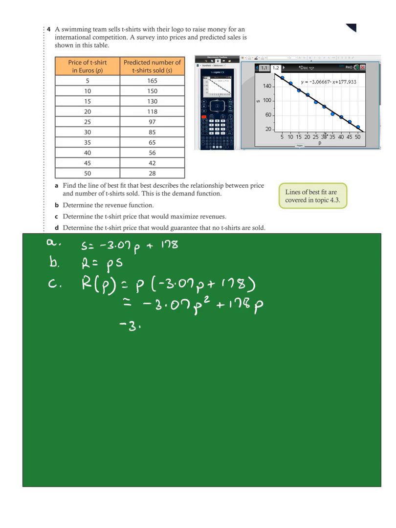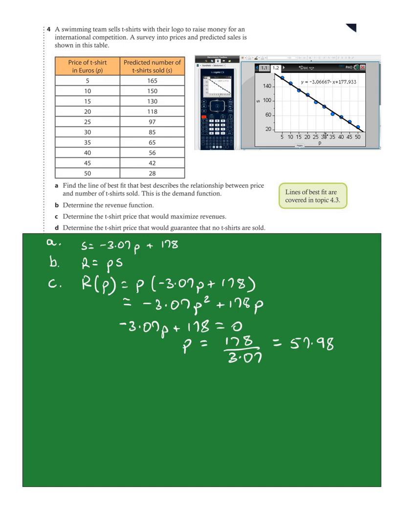Minus 3.07P plus 178 equals 0. P equals 178 divided by 3.07, which equals 57.98. Now remember that that's one of the roots. The other root is 0.